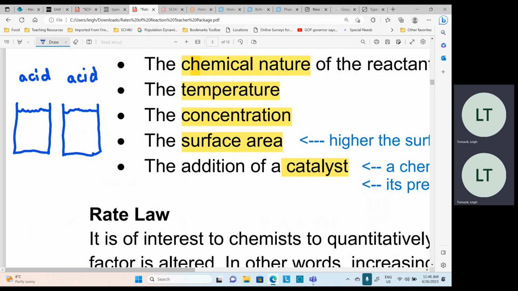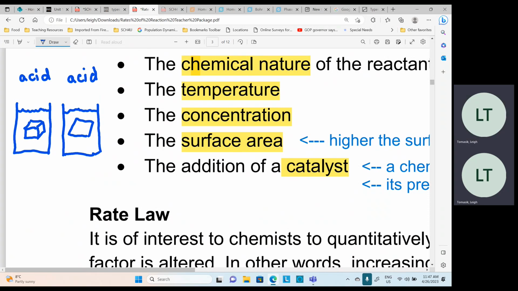And the metal and the acid are going to react. It's going to be the same amount of metal, and it's going to be the same type of metal. But one is in a cube, a block, and the other is in a thin sheet. Which one do you think will react faster? The block or the sheet?